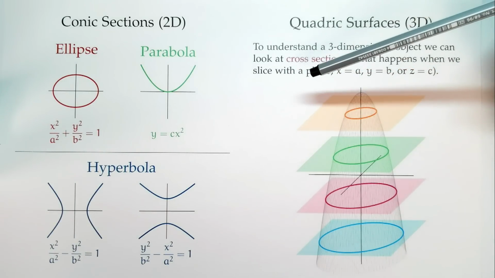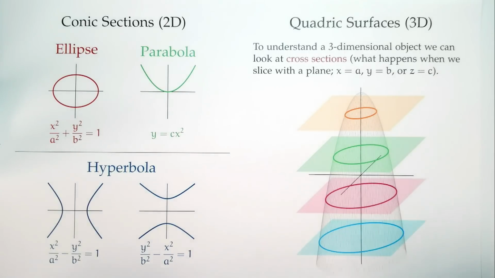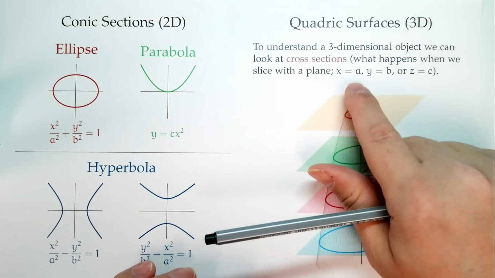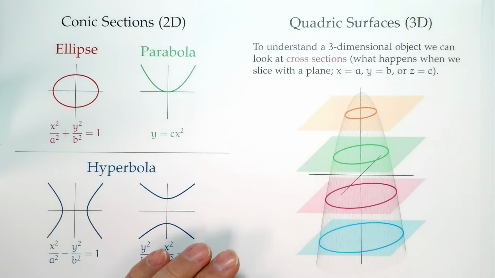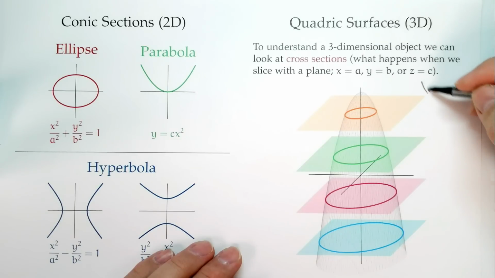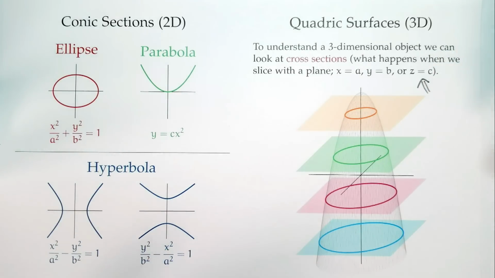When you slice an object, what we mean is we have this surface out in three-dimensional space, and we're fixing a value. Now we can slice in either the x, y, or z, but most of the time when we talk about slicing, we're going to slice with respect to z. So we slice and we say, okay, what do we hit?